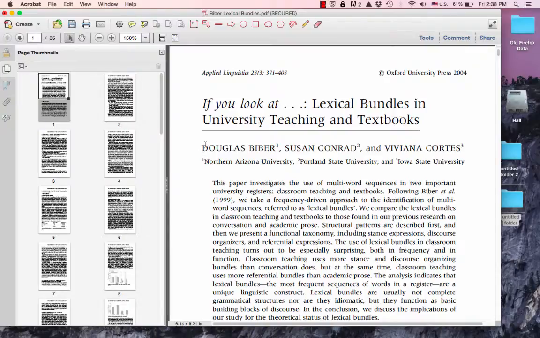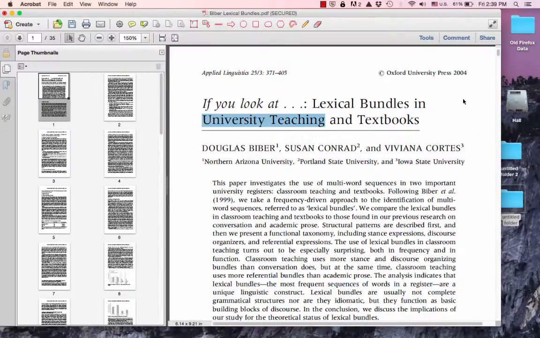And so what they wanted to see was what groups of words seemed to keep reappearing across university textbooks, but also in language classrooms. Okay, and what they tried to do is to create a taxonomy. So first, to identify which groups of words keep resurfacing and under which contexts.